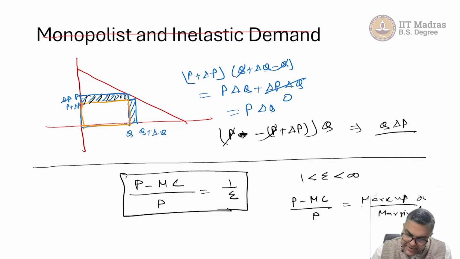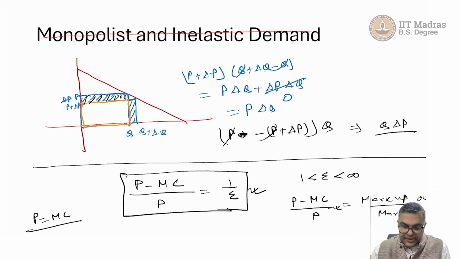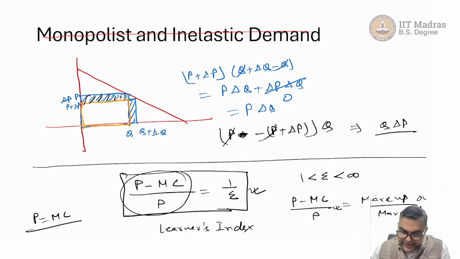You should also understand that this formulation is also acceptable for a perfectly competitive market, because there, according to this formulation, P is equal to MC, because demand is perfectly elastic. This is called Lerner's index. Lerner was an economist. This particular index measures market power. What do we mean by market power?